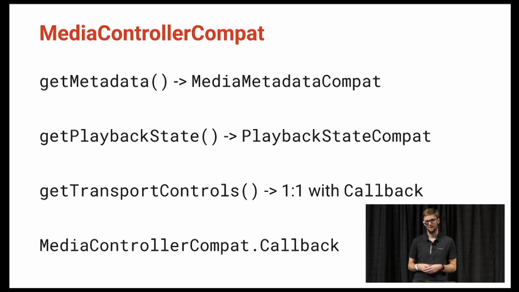Then our callback will instantly get a callback saying, hey, the metadata has changed. You should update the UI to match the new metadata. All of a sudden, our UI is now totally in sync with our service without us having to write any crazy communication code between our service and our UI, because we're using MediaControllerCompat.